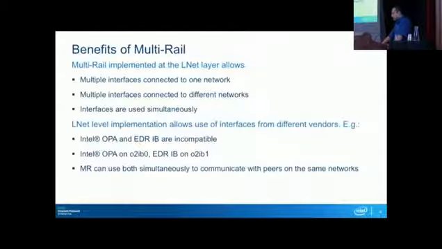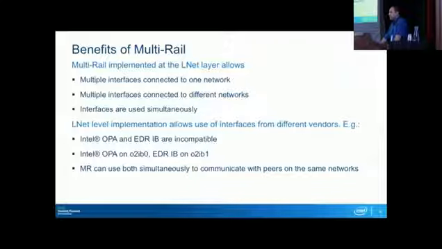So what does this give us? This implementation in the LNet layer allows multiple interfaces to be connected to one network. It allows multiple interfaces to be connected to different networks as normal, and all those interfaces can be used simultaneously. Because it's an LNet level implementation, those interfaces do not have to be the same type of hardware.